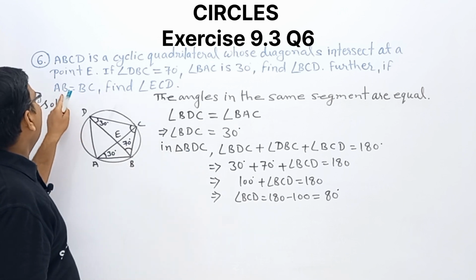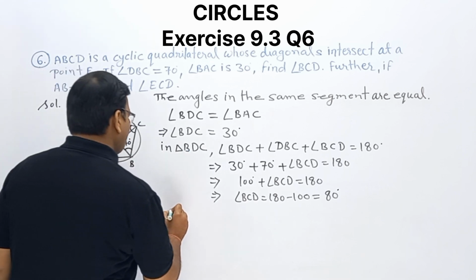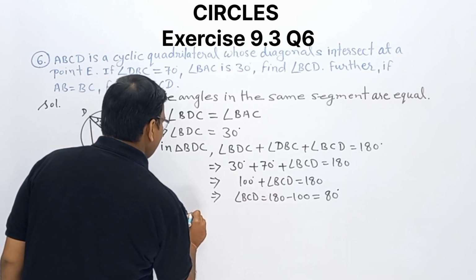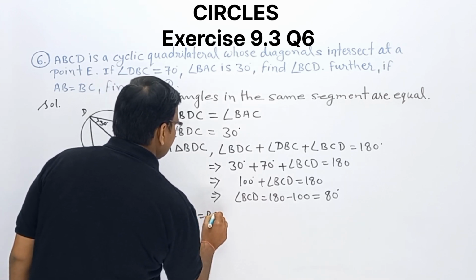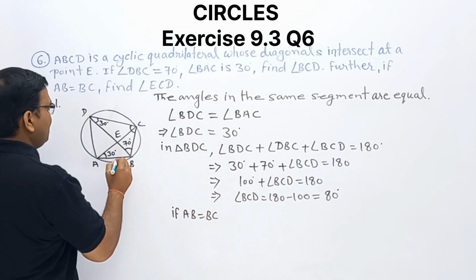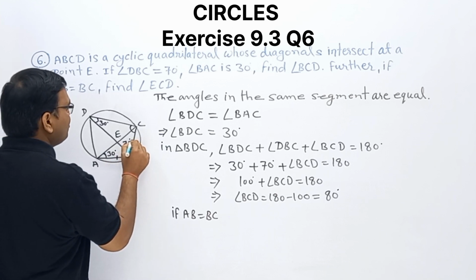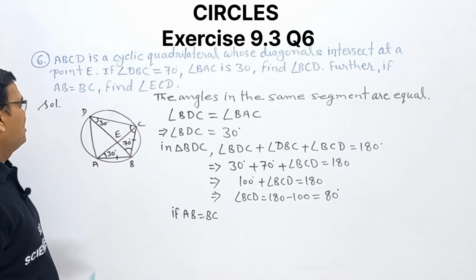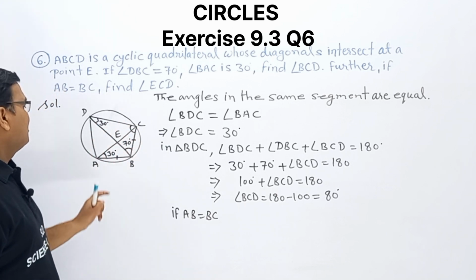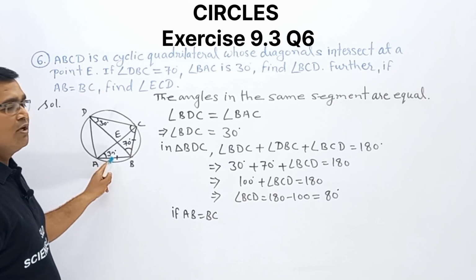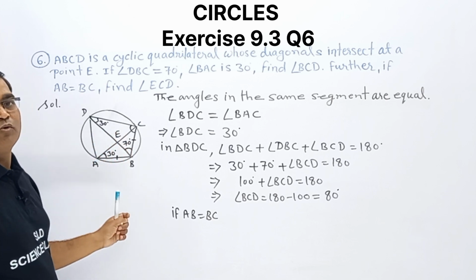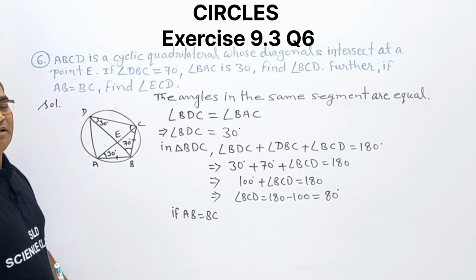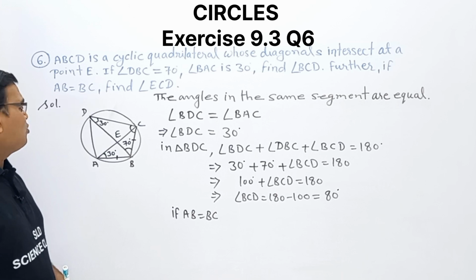Now if AB equals BC, given, AB equals BC, what is the meaning? This side equals this side. It means in triangle ABC, two sides of the triangle are equal, then that triangle is called an isosceles triangle.